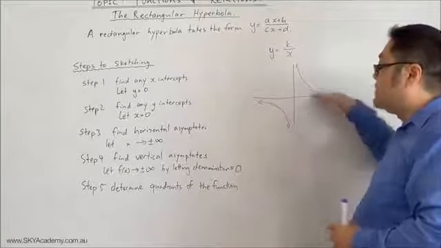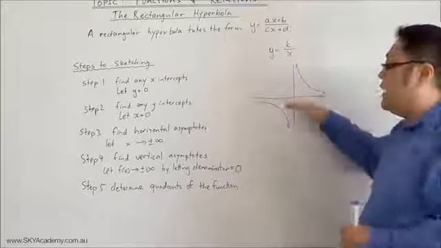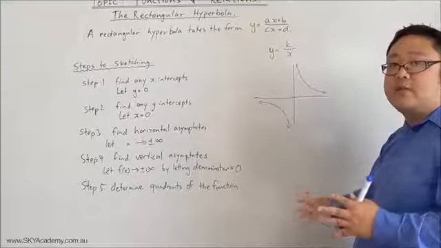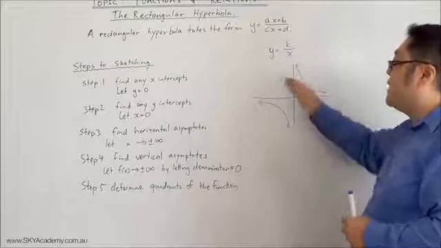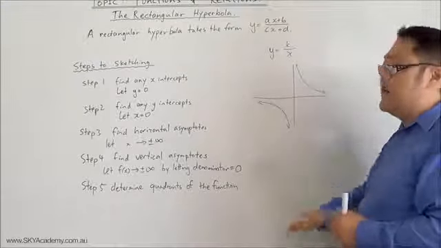It also has a horizontal asymptote, a line that the curve gets closer and closer towards without actually crossing or touching. So a rectangular hyperbola will have both a vertical and a horizontal asymptote.